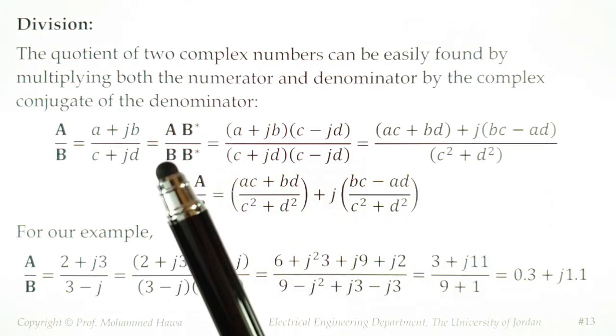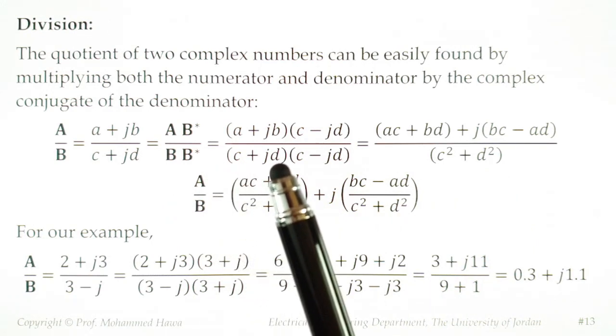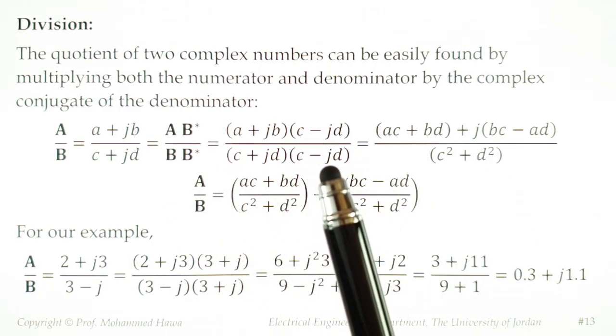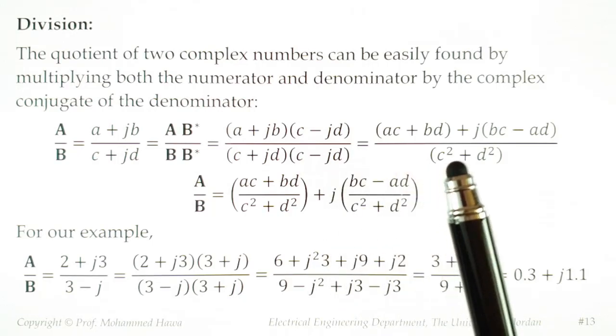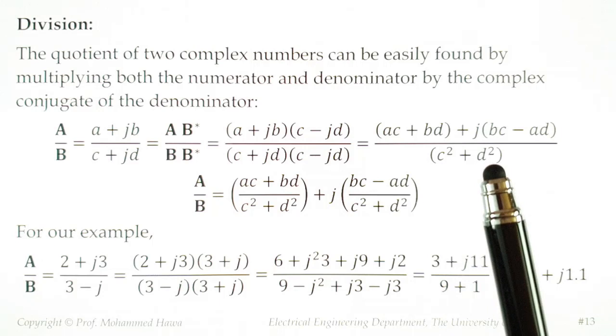If I multiply B by its complex conjugate B star, so I multiply c plus jd by c minus jd, I told you a minute ago that you're going to get a real number, and that real number is c squared plus d squared.